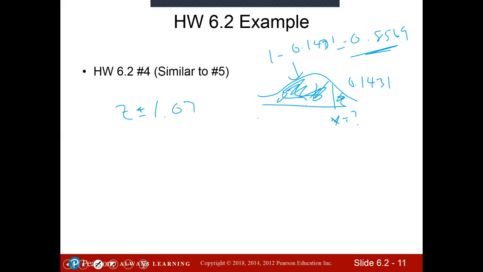So now what we need to do is, we have the z-score to be this, then what is the x value? Okay, so my x is equal to mu plus the z times sigma.